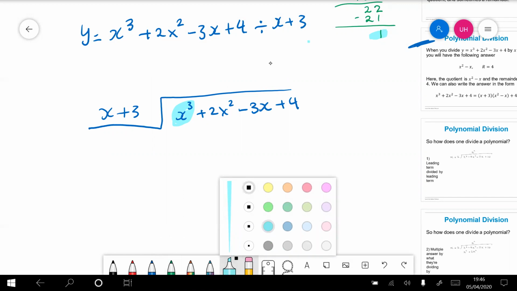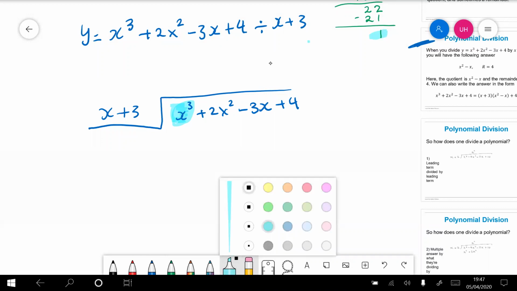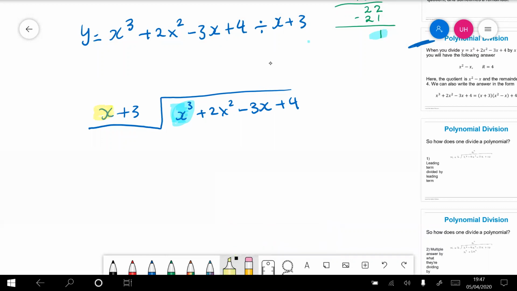When we divide, we use the leading term, x to the power of 3, dividing by the other leading term on the other side, which is the x. So x cubed divided by x is x squared. The answer you write down here at the top, so it's x squared.